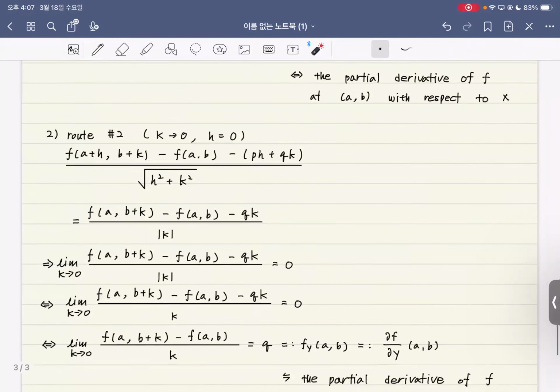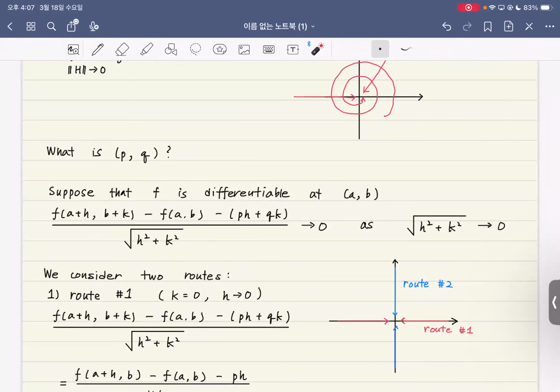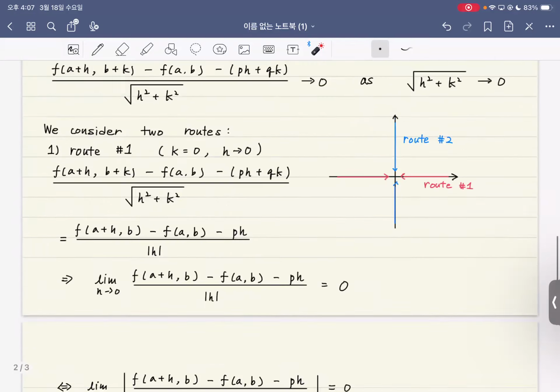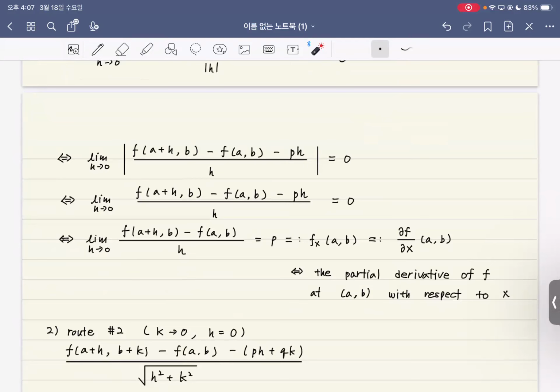And how do you know these two limits exist? Because we are assuming that f is differentiable, right? So suppose you have some two variable function, and you know your function is differentiable at some certain point, then finding these two numbers, or finding this linear function L, is actually very easy. All you need to do is apply the regular differentiation techniques that you studied in freshman calculus for your function f, right?